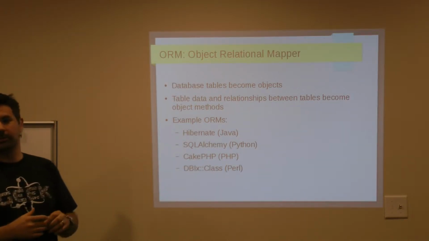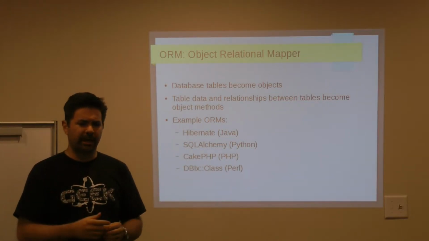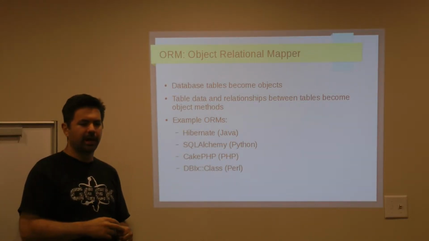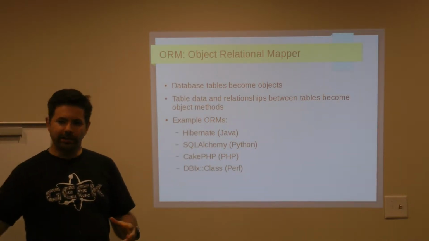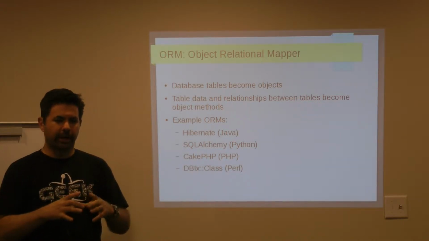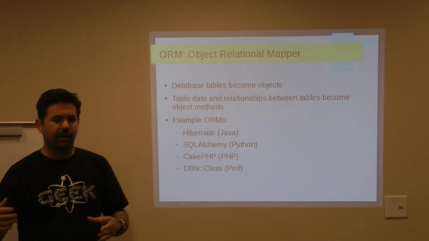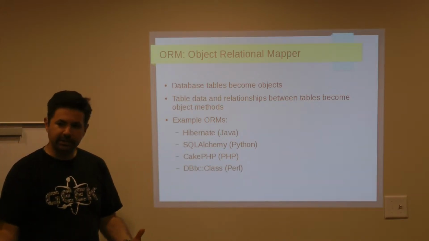And if you have relationships between tables, like, say, the example the DBIx::Class docs use is you have compact discs, CDs, you remember those? And you have artists. And so you have a relationship where a compact disc has an artist. And so you should be able to say, for an artist, give me all their CDs.